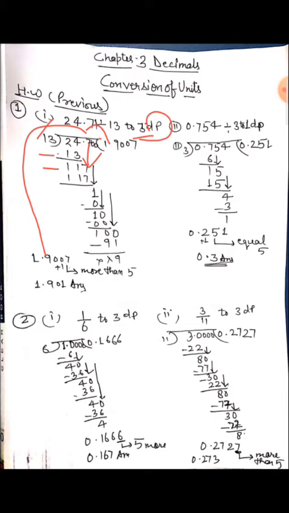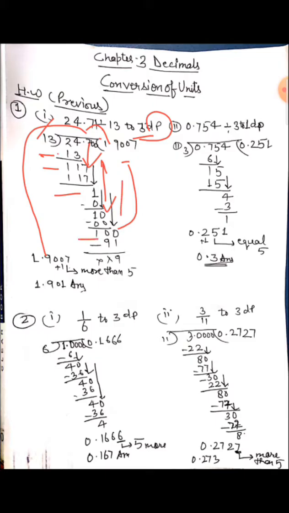Then 13 nines are 117. After subtraction, one digit is left, which is 1. 1 is very small, so we read the table of 13, 13 zeros are 0, then after subtraction we get 1, and again we write down 0. Then 10 is also less, so again 13 zeros are 0, and after subtraction we have 10 now.